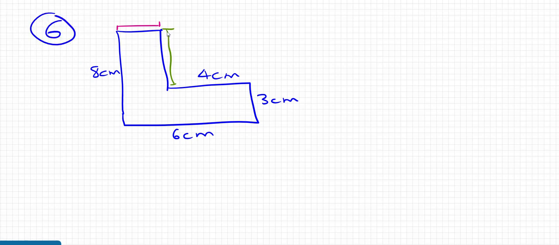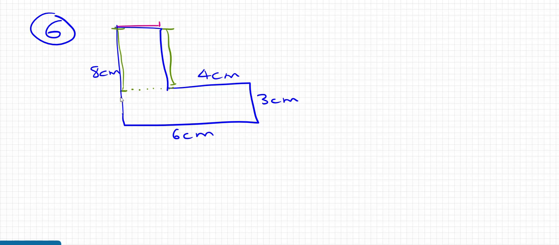So let's work out this side length here, the one that I've highlighted green. So to do this, you have to try and visualize what's happening. If I've got the whole length here, which is 8 centimeters, and this side length goes from here to there, so I can do a dotted line, you can see it begins here and it ends just there. All right, so I can see part of this length is the same. It is the same over here.